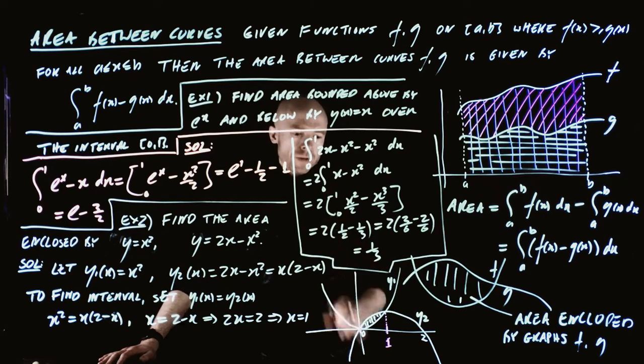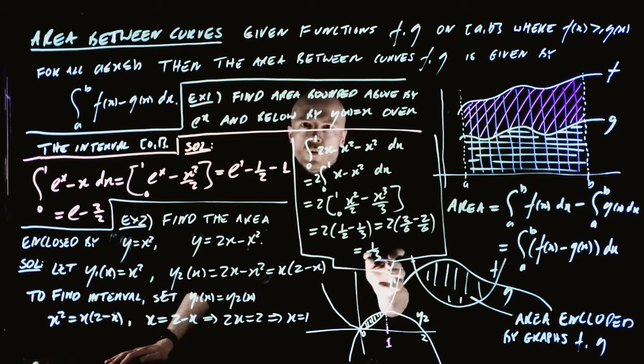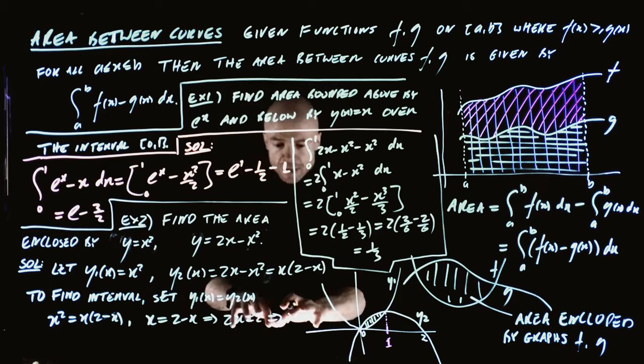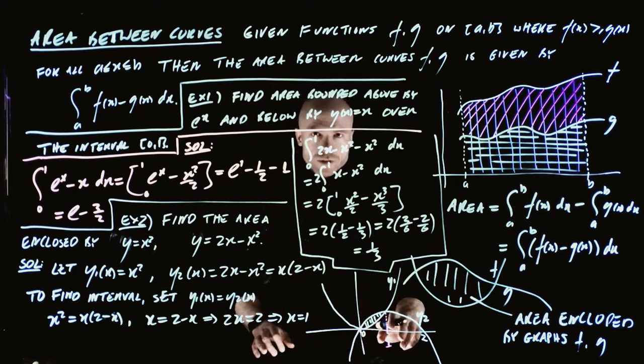So to find this interval, we're going to set y1 equal to y2, because clearly that's going to give us this endpoint, and 0 we can see has to be the other endpoint. Easy bit of algebra. We find x equals 1. Good.